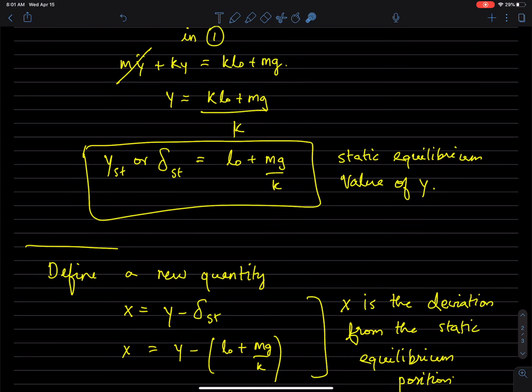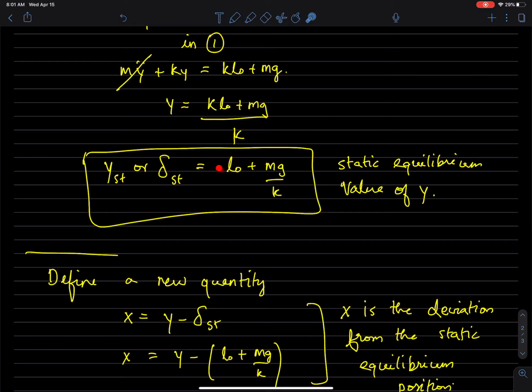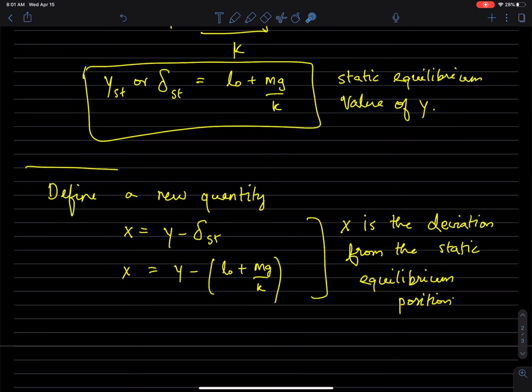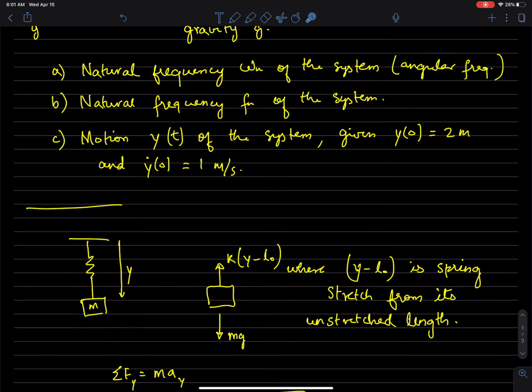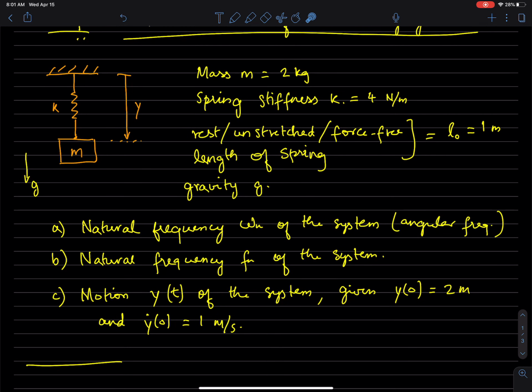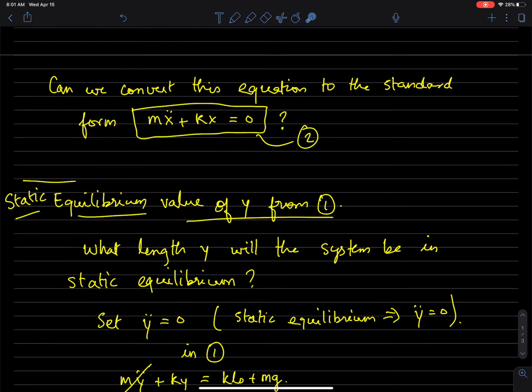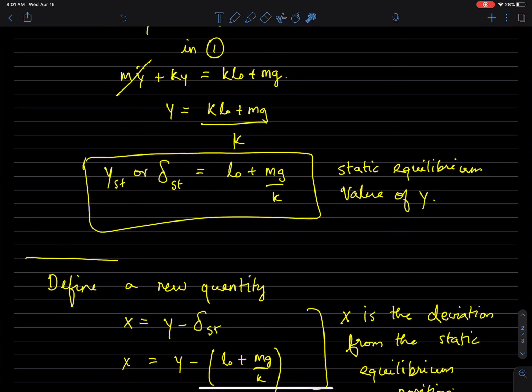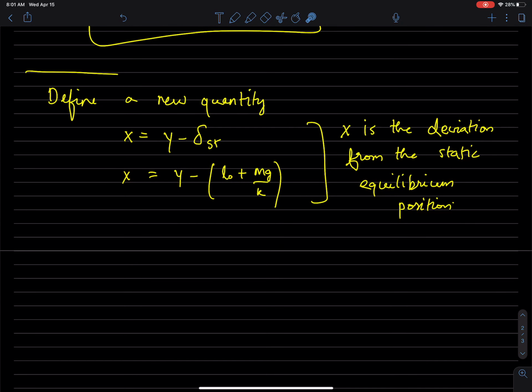Here we are defining it from not the unstretched length of the spring, but this quantity. Okay, we're defining x as the deviation from this y value. So in other words, we are saying in the absence of motion, the spring might be in some position because of this external force, and we are measuring x from that equilibrium position. Okay, not the unstretched length of the spring, which is L naught, but from the equilibrium position of the spring, which is different because of the external force being present, mg.